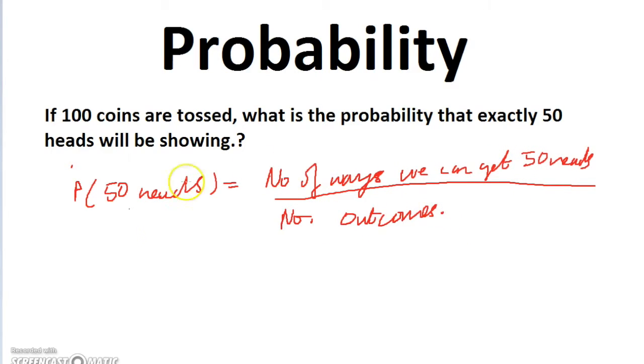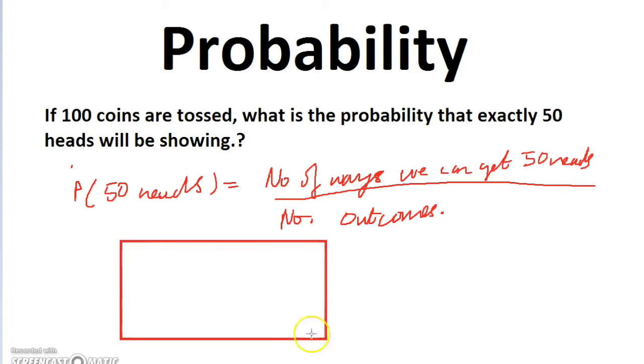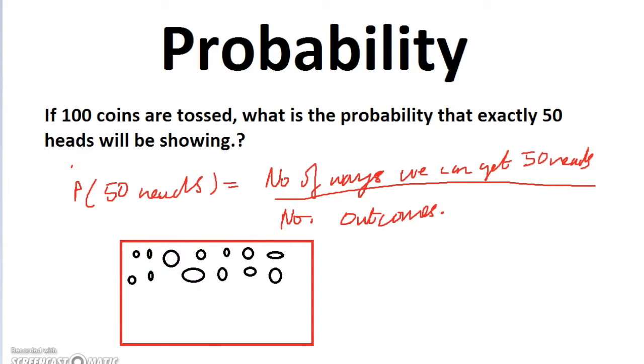If we think about it, suppose the 100 coins are placed on a table. Imagine there are 100 coins on this table, and we number the coins 1 to 100. Now, if we want to toss all of them and get exactly 50 heads, what is the configuration that we need for our success to happen?